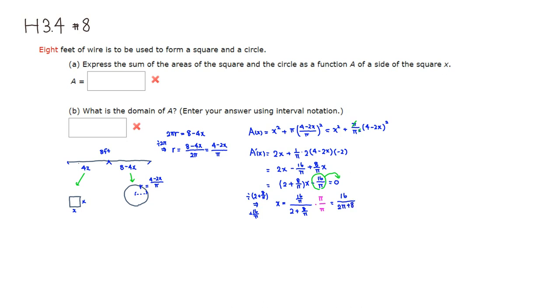Since everything has a factor of 2 in it, I'm going to divide the top by 2 and the bottom by 2, so that we get 8 over pi plus 4. So that's the critical number. And from the graph, we know that that's the length of the side of the square so that the area is the smallest.